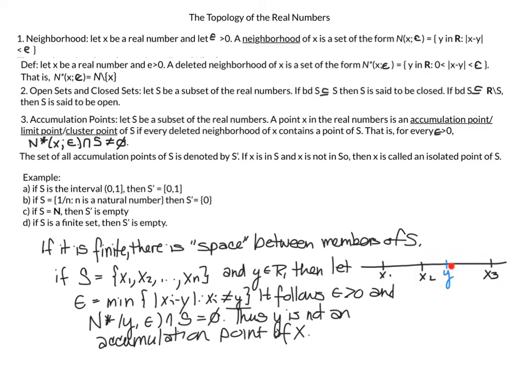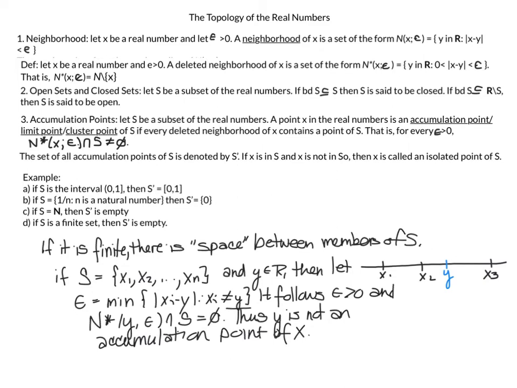In this case, y is closest to x2, so we can take y minus x2, and then as long as epsilon is less than the distance between x2 and y, or x sub i and y, then that epsilon will work as a radius for our deleted neighborhood, such that the intersection is the empty set.